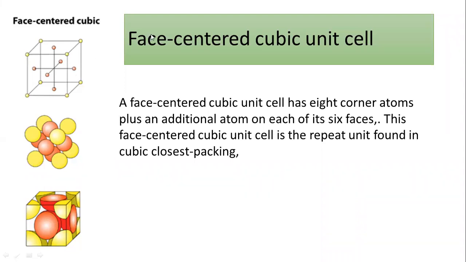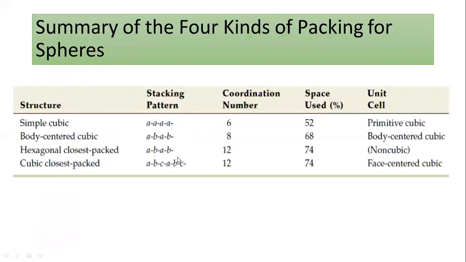That's why this is called the face centered cubic unit cell, because one atom is present at the central point of each face. And this type of packing in this type of crystal system is the cubic closest packing. Again, this is the final overview and summary of the four kinds of packing and unit cell.